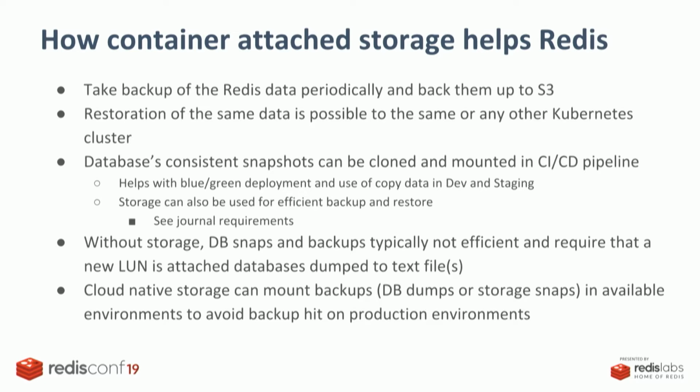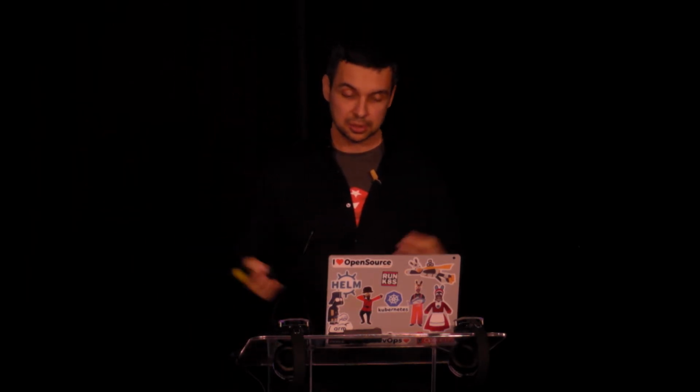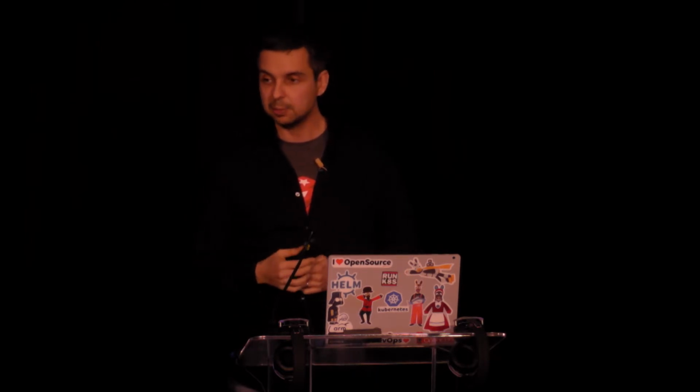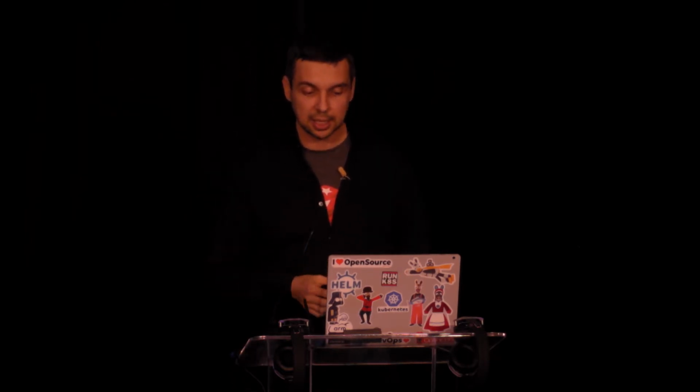Yes, Redis has a capability, you can take a Redis snapshot, but if you are troubleshooting and want to give the exact environment to your developer, you can take a complete snapshot including the application path, containers, and the storage, and in 10 seconds bring it up somewhere else. So you can look into the same data. And last point, cloud native storage can mount backups in available environments to avoid backing up on production environments.